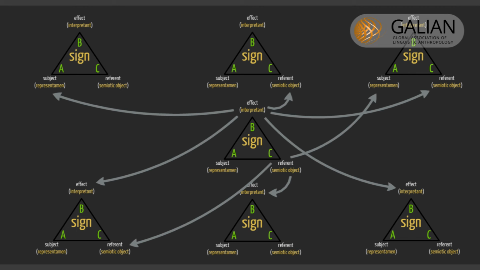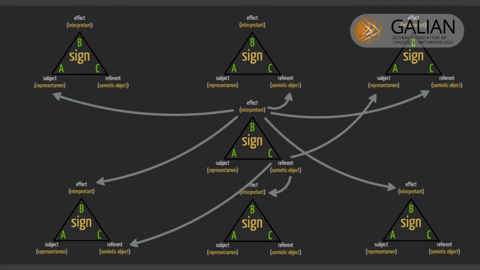So we see the triangle at the center, and basically this diagram is just telling us that every point in the triangle can do something new and go somewhere. So for example, if we look at the one at the center, we see that the effect, at the top, the effect, the interpretant, can become, and there's the arrow pointing to the top left triangle, a new subject, or a new representamen, or a new object.